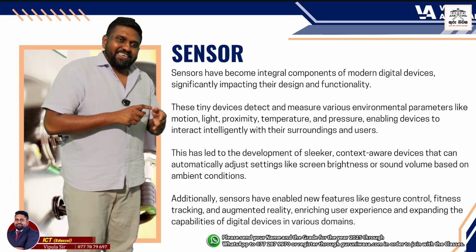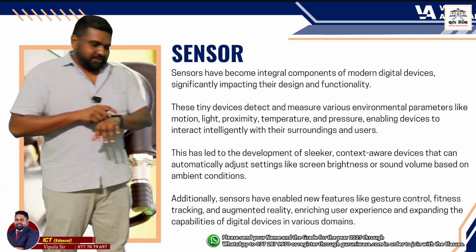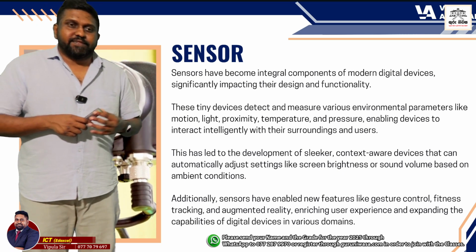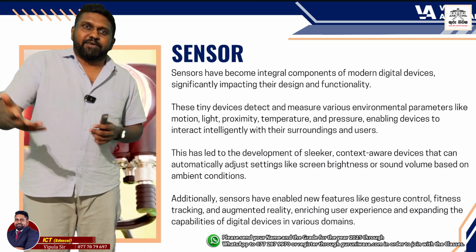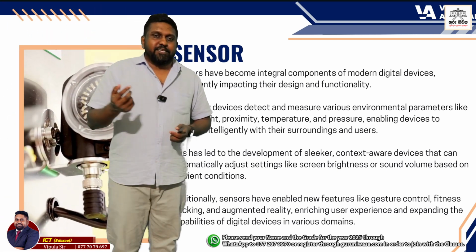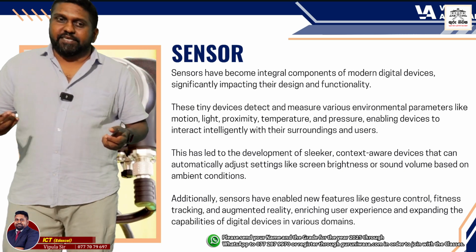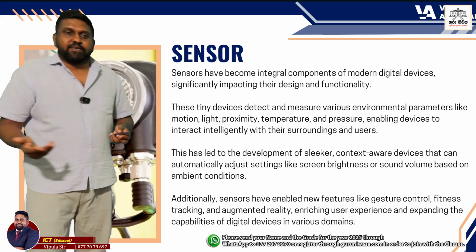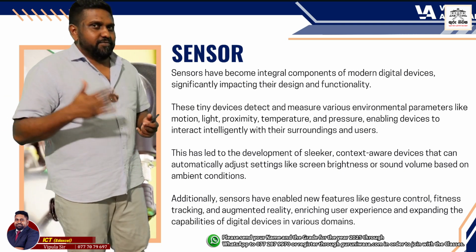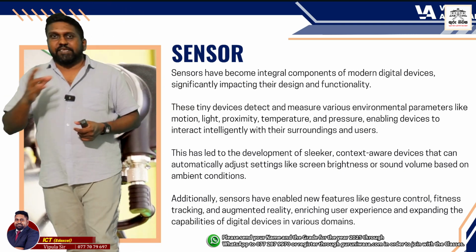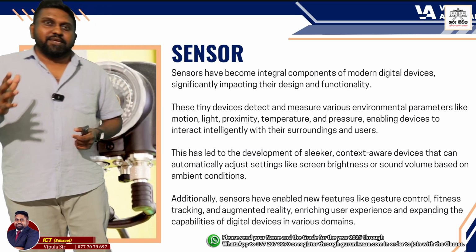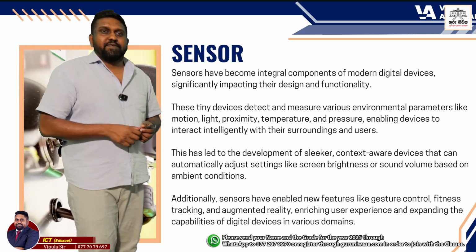So how this evolved is, based on different types of parameters and requirements, engineers made small sensors: motion, light, proximity, temperature, pressure, and all these different devices. They allowed you to get more data into the system, which in return gave the option of adding more features to devices.